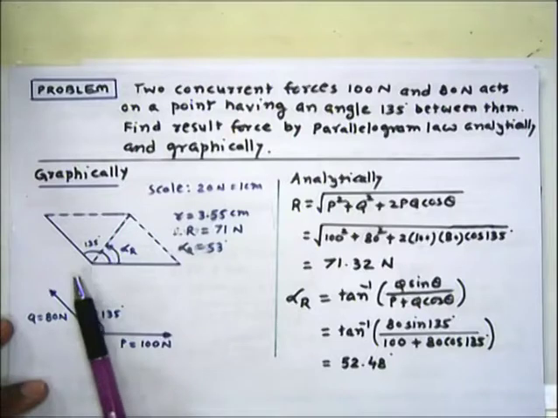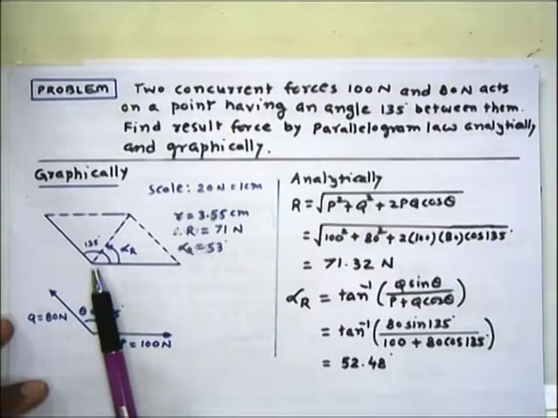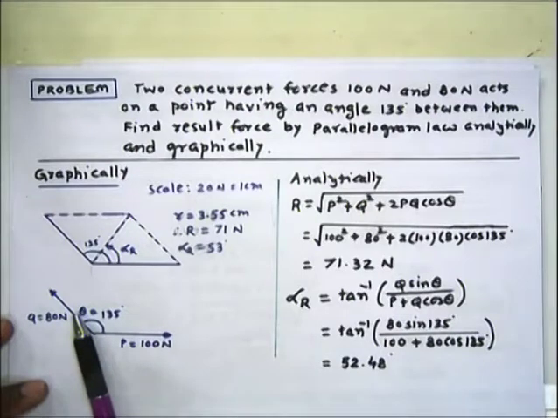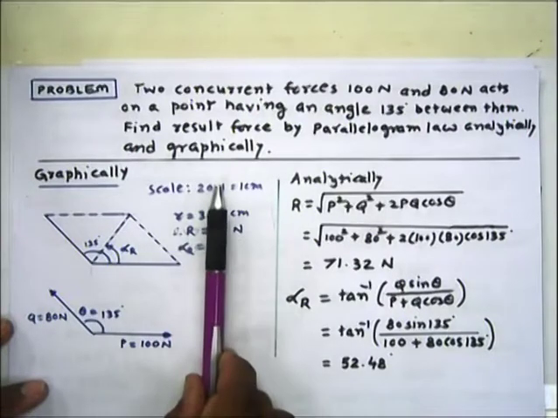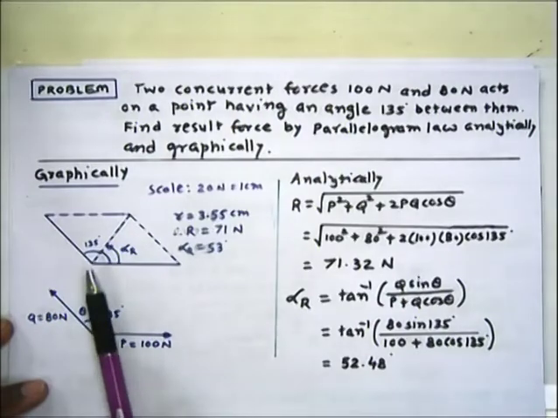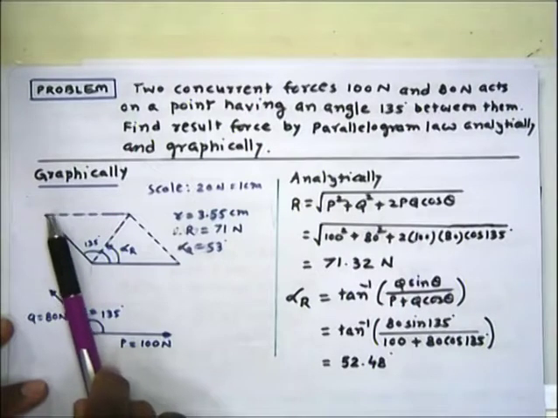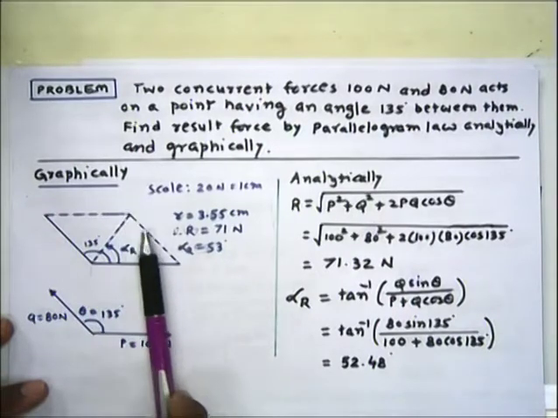Then through this point we will draw a line parallel to force Q, but again with scale. That force is given 80 Newton, so we will draw a line as per our scale 4 centimeter long. So from this point we will draw a 4 centimeter long line parallel to Q, and then you complete the parallelogram.